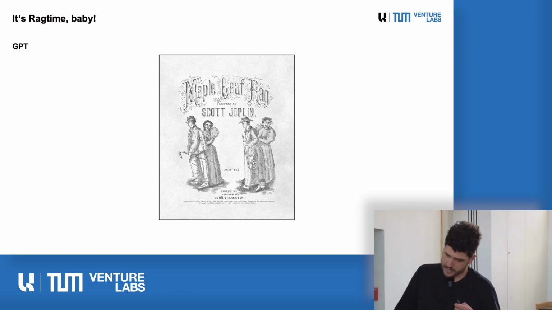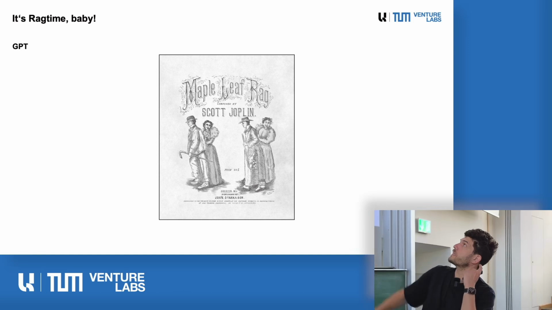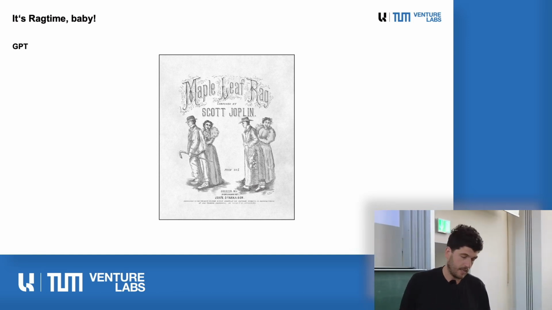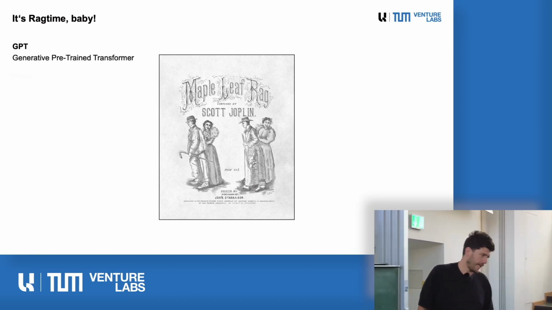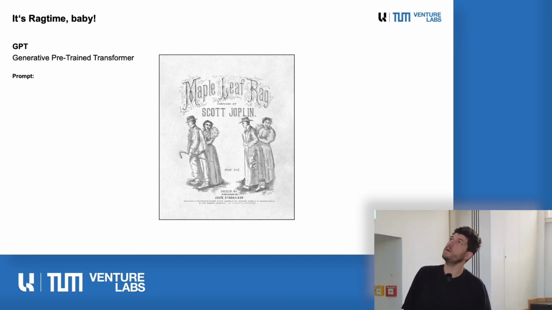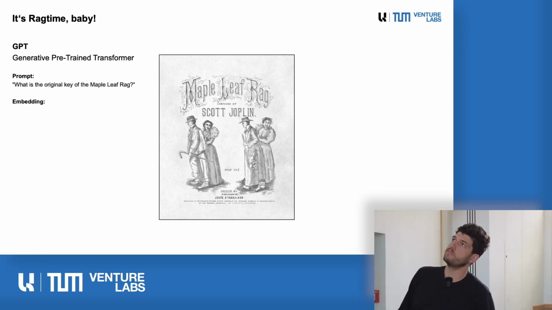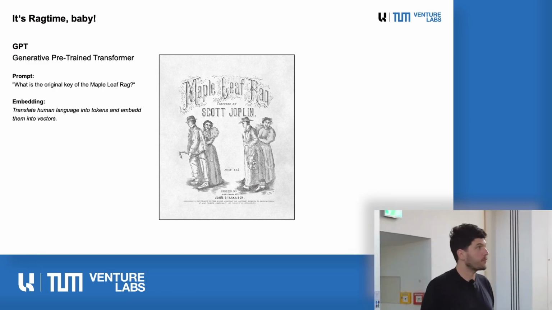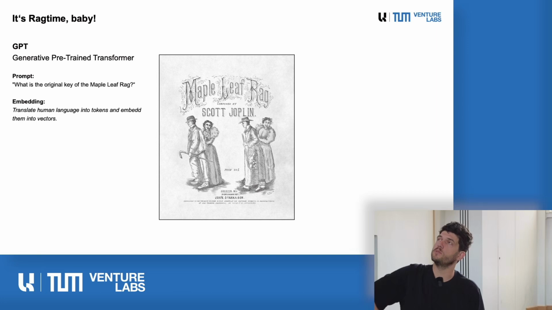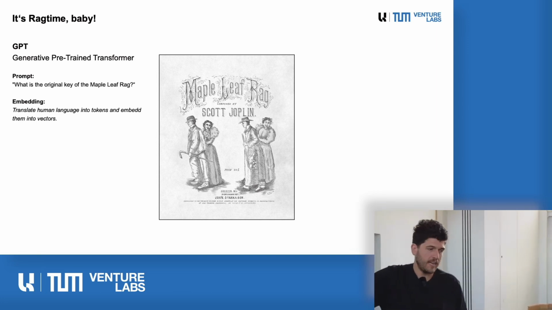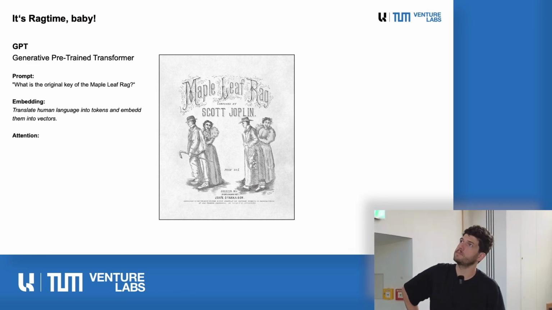And the question now is that on this particular piece of music, the Maple Leaf Rag, a very famous piece of music, we want to know the key. And what happens in a pre-trained transformer, such as ChatGPT, we say, what is the original key of the Maple Leaf Rag? It goes through the embeddings. We have been through that. So it tries to get from the human language to the tokens, and from the tokens into the embedded space.